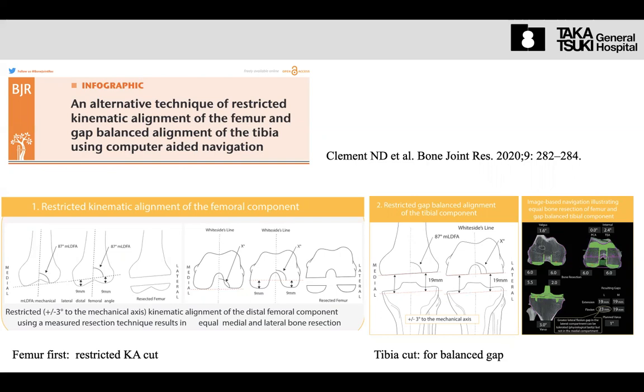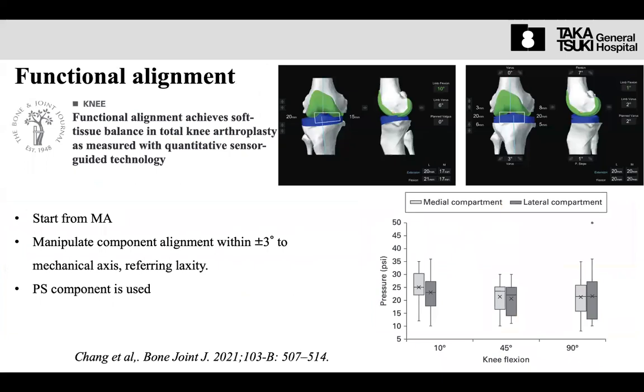At the same time, how do we find the best cutting plane on the screen in the functional alignment technique? There are two ways to find the best cutting planes. The first is the mechanical start. Set the components in mechanical alignment, perpendicular to the tibial and femur axes, and adjust their cutting planes to make the balanced gap.